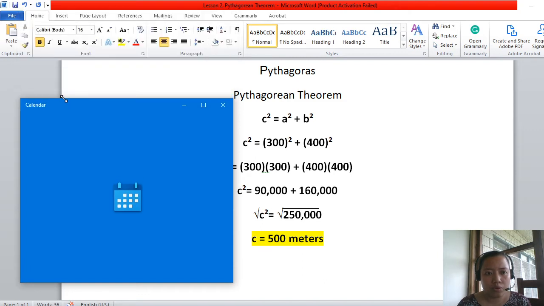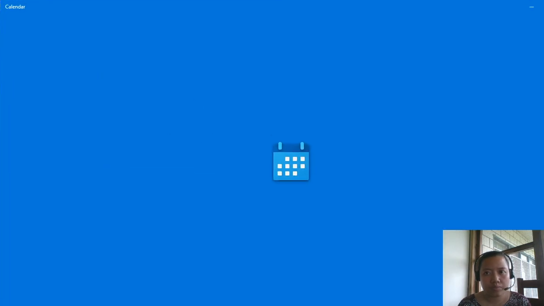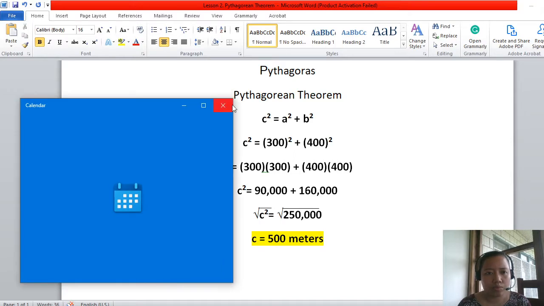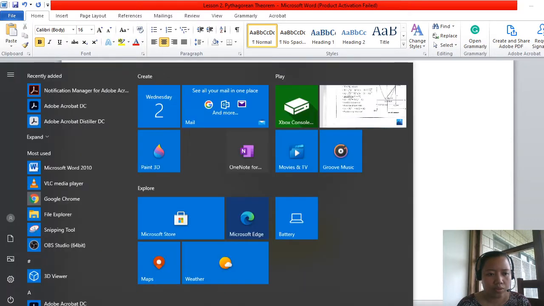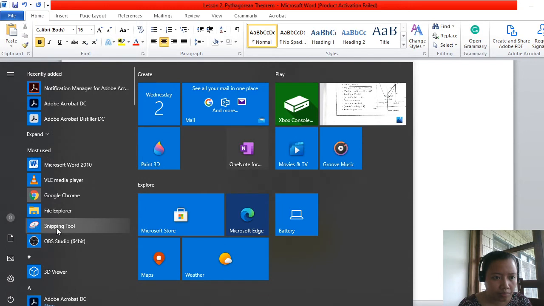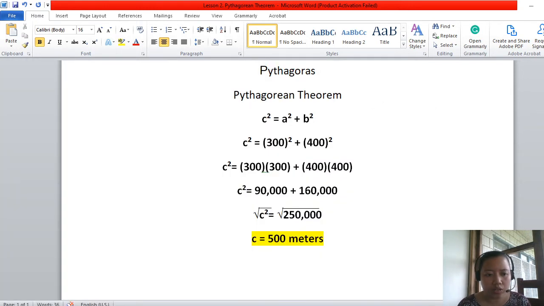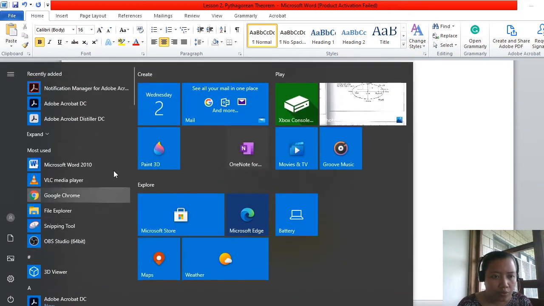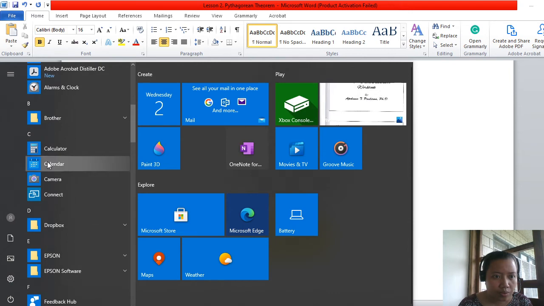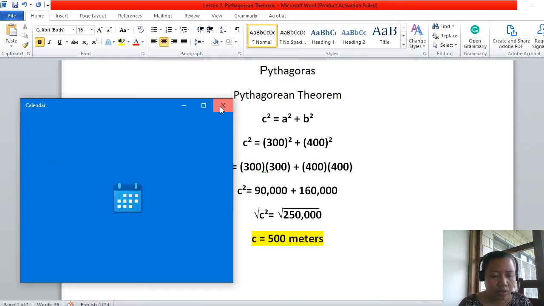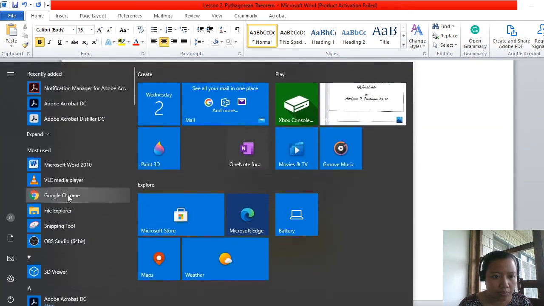Okay, so the square root of 250,000 in your calculator is 500. Let me show to you how to compute.